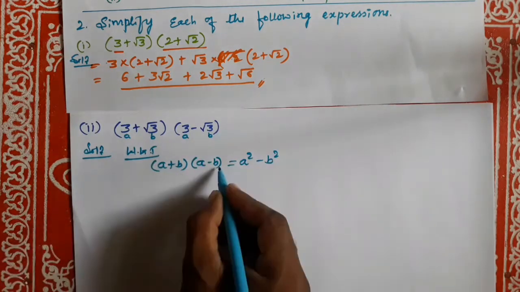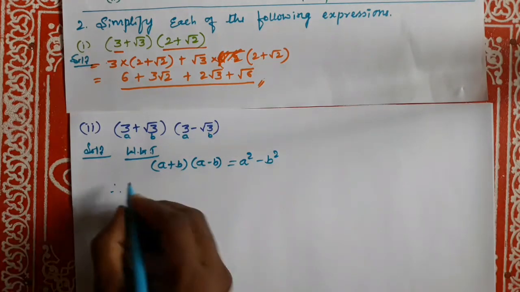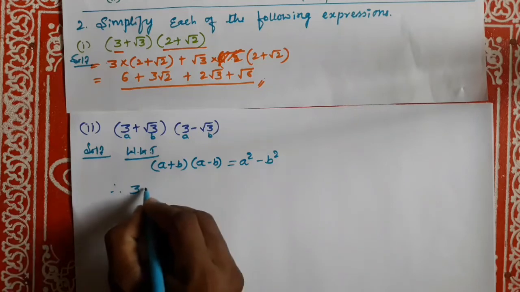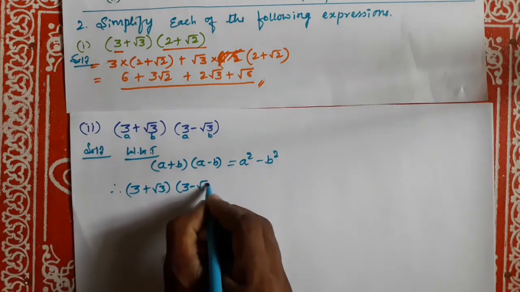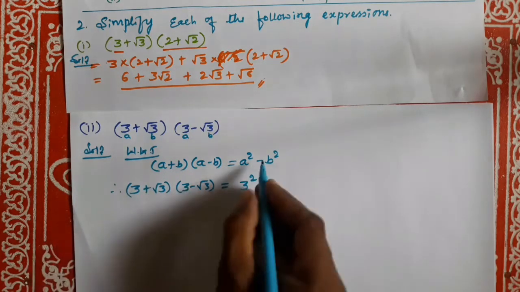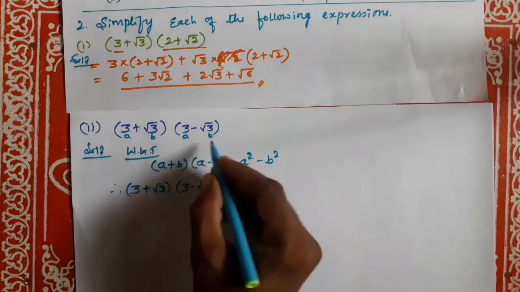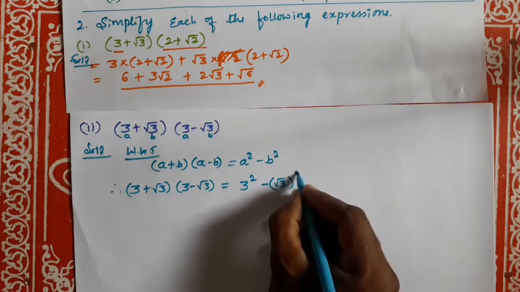Therefore, (3 plus root 3) into (3 minus root 3) is equal to 3 square minus root 3 whole square.